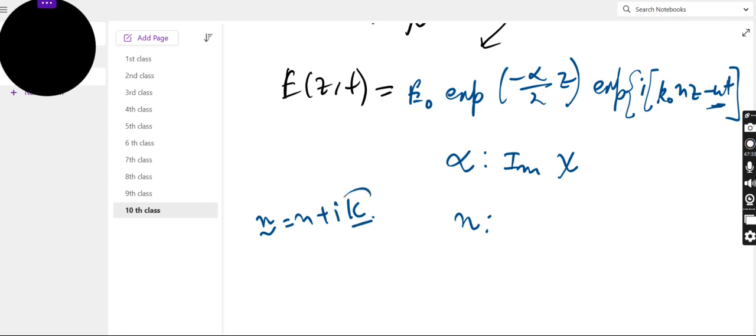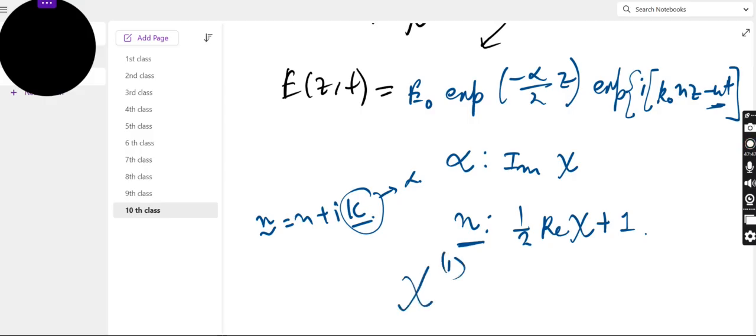Okay, so kappa is associated with alpha, and the real part of refractive index is half real part of chi plus 1. So the total chi is real part of chi plus i imaginary part of chi.